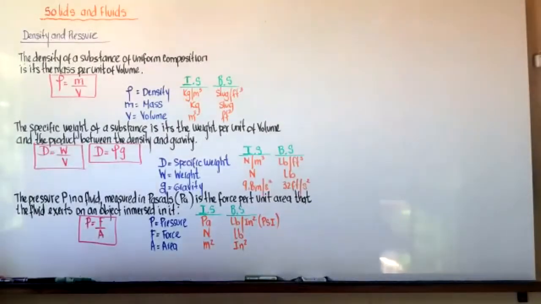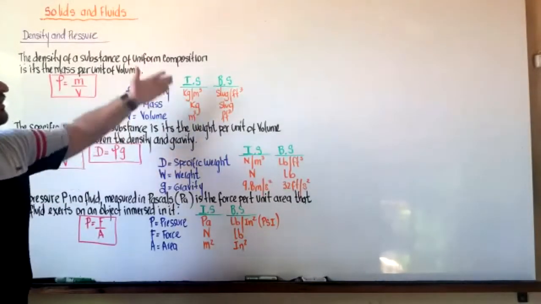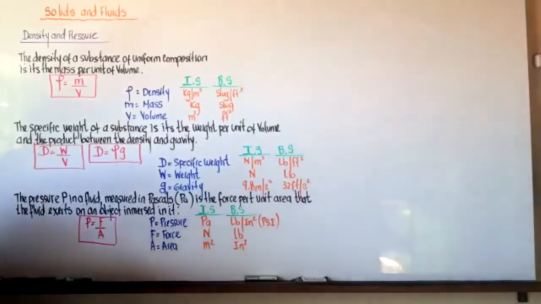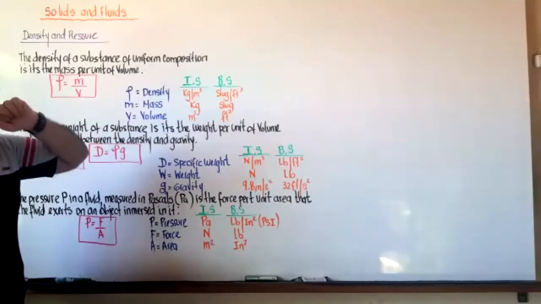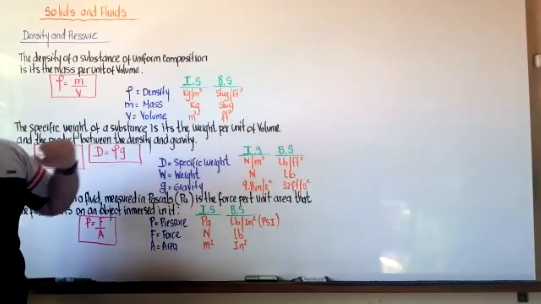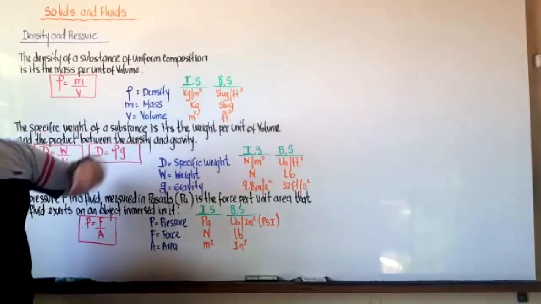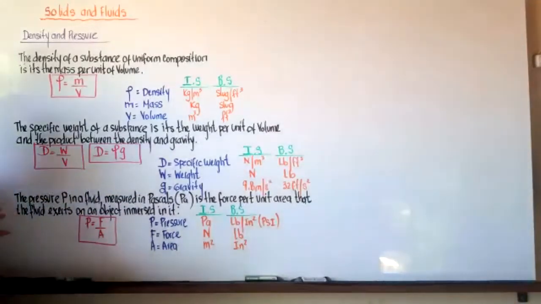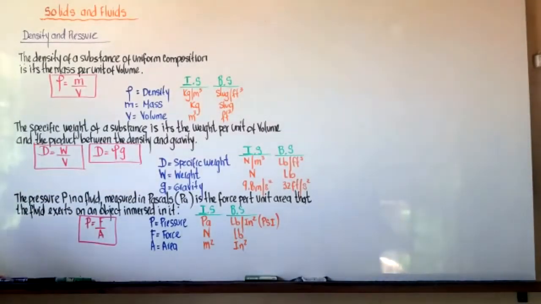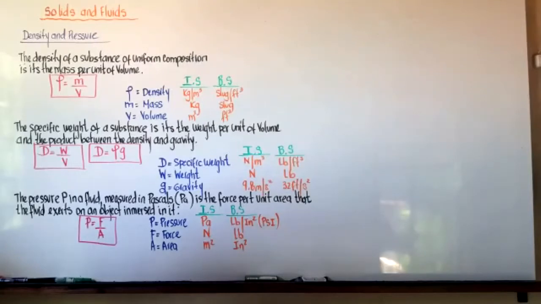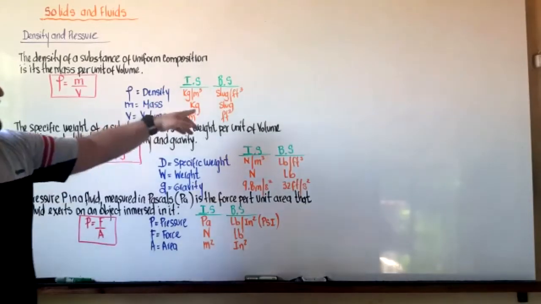Okay, regarding the units in the international system and the British system, density is given in kilograms per cubic meter in the international system. You know, the international system is used in Latin America and Europe, and the British system is used in England, the British Union, and also the US. This is the difference between them.